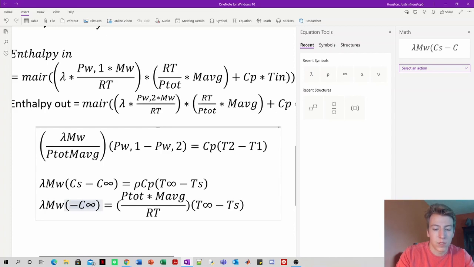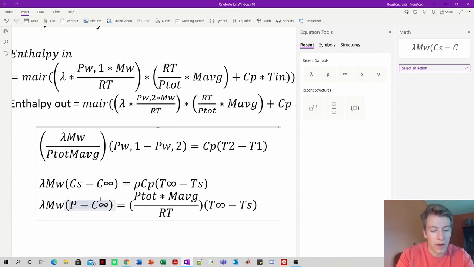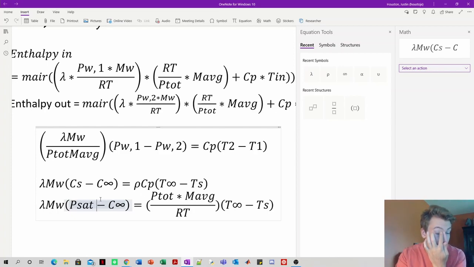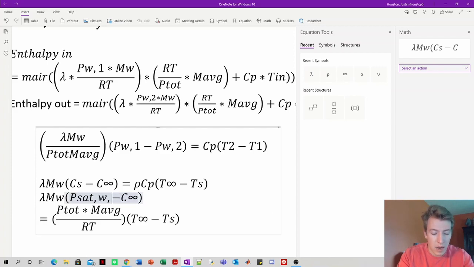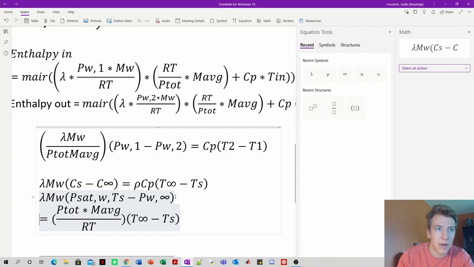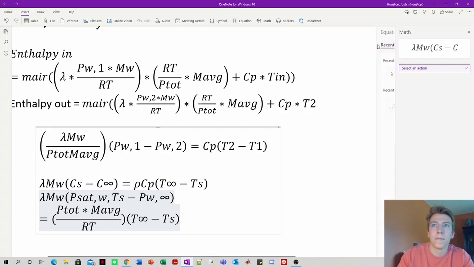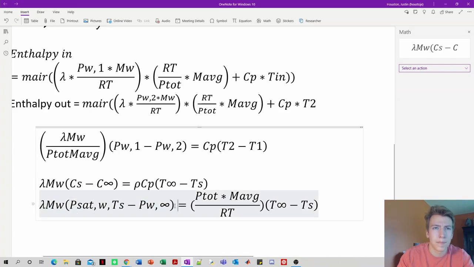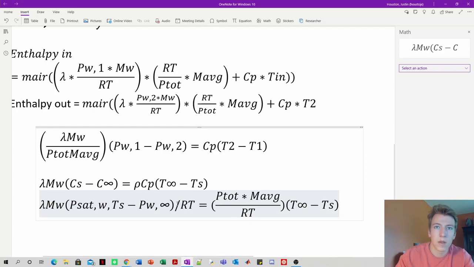So we're going to want the saturated partial pressure of water at TS minus partial pressure of water away from the surface, and we're going to want that whole equation divided by RT. And then you can notice that the RTs are going to cancel out there.